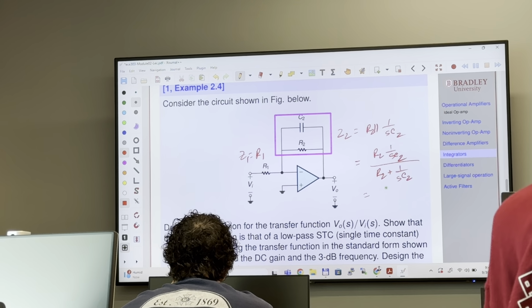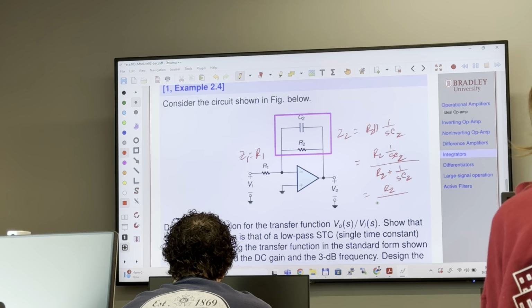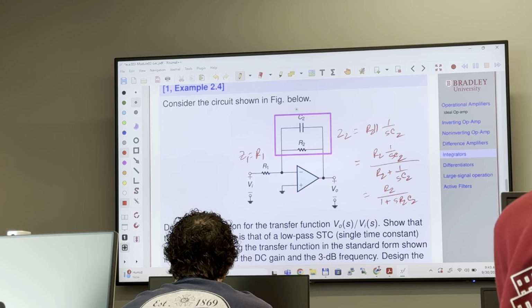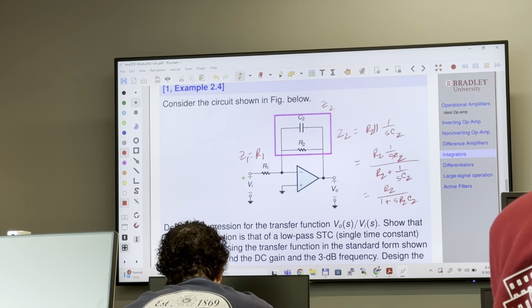So here we have R2 over 1 plus S R2 C2. This is the impedance Z2, and this is Z1.